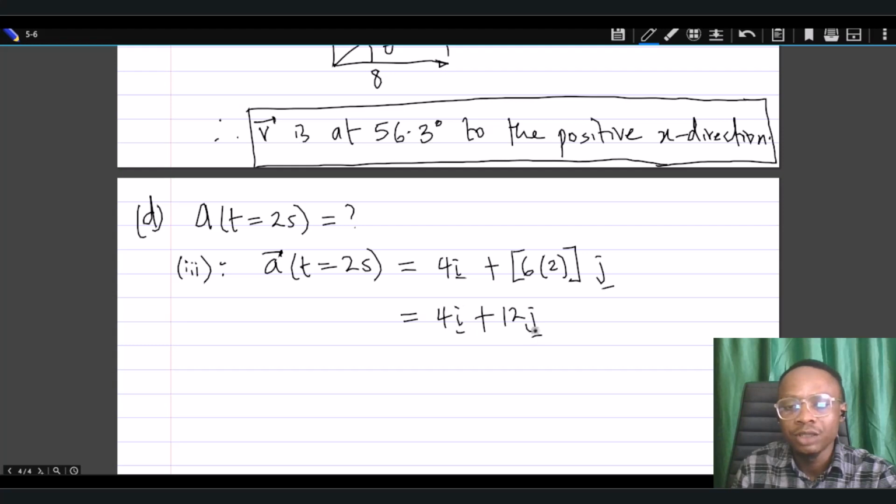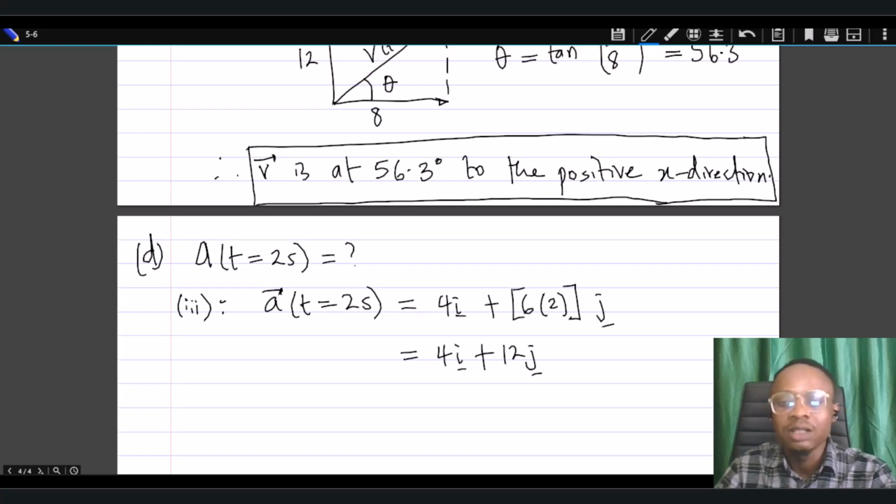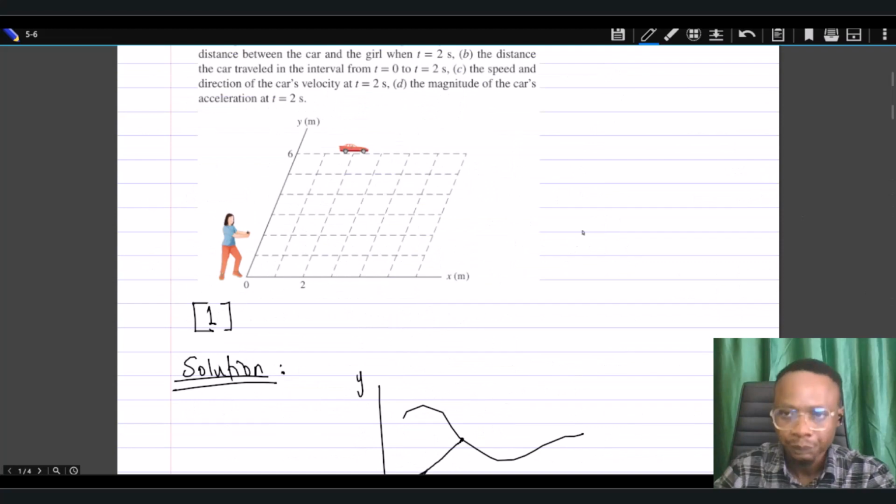So with this, we have the acceleration vector when t equals 2 seconds. However, the problem statement asks for the magnitude of the car's acceleration at that point.